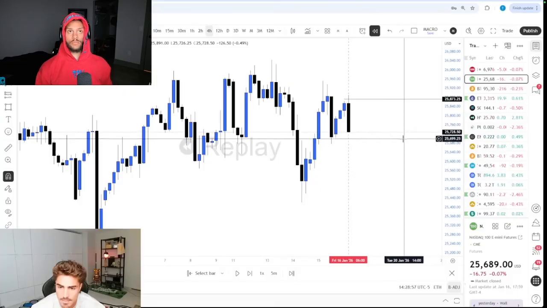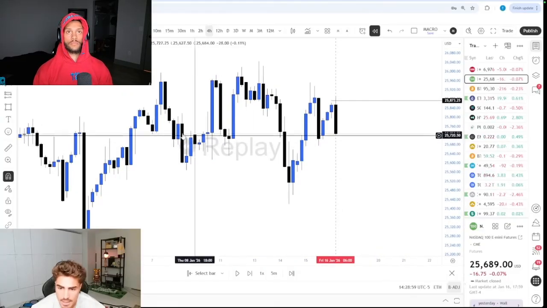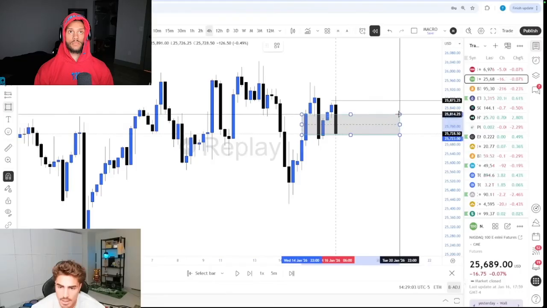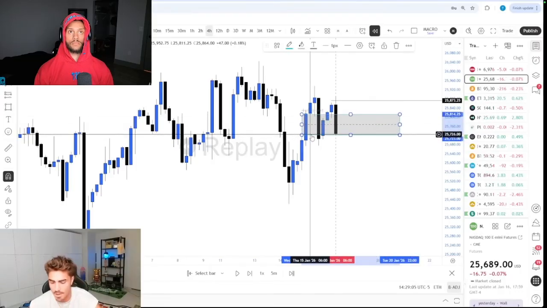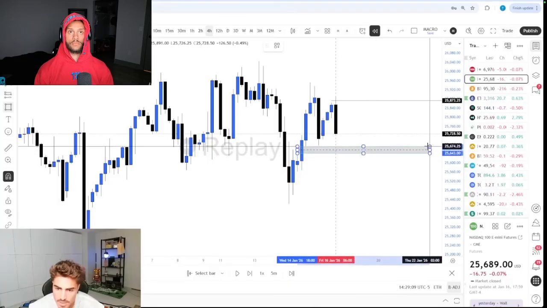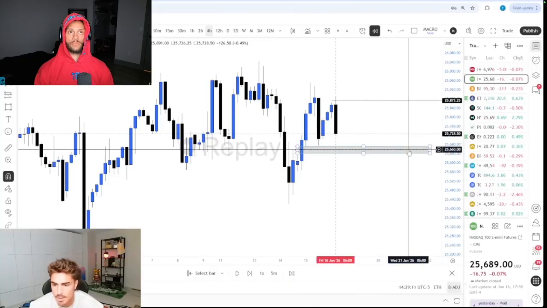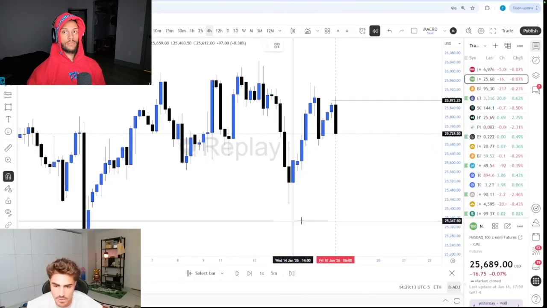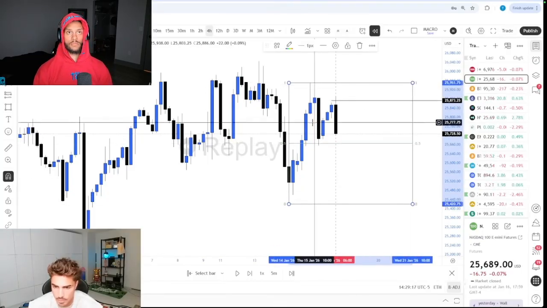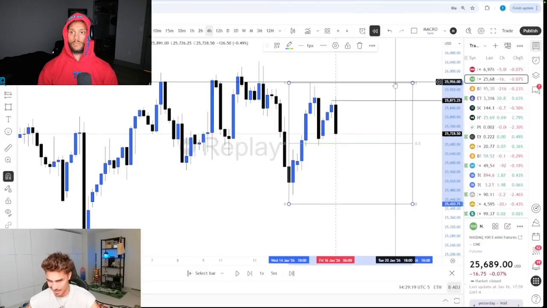Same thing here on NASDAQ. However, we actually disrespect this gap. However, there's one gap underneath it, so it's not a full-fledged disrespect of the bullish order flow that we're in. We are actually just filling equilibrium from this low up to this high. So we filled equilibrium, we respected it, we moved up.